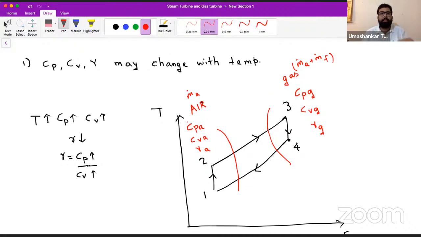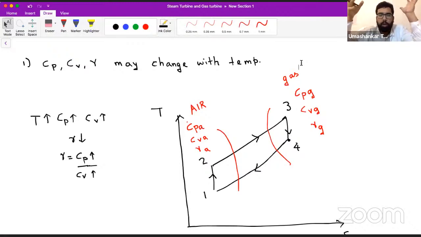And if this happens, now don't get confused, let me delete it if you are getting confused. We will consider it when we see the combustion chamber. So just take it into your mind that in the combustion chamber some fuel is getting burnt, so that mass is also going to get mixed with the air.